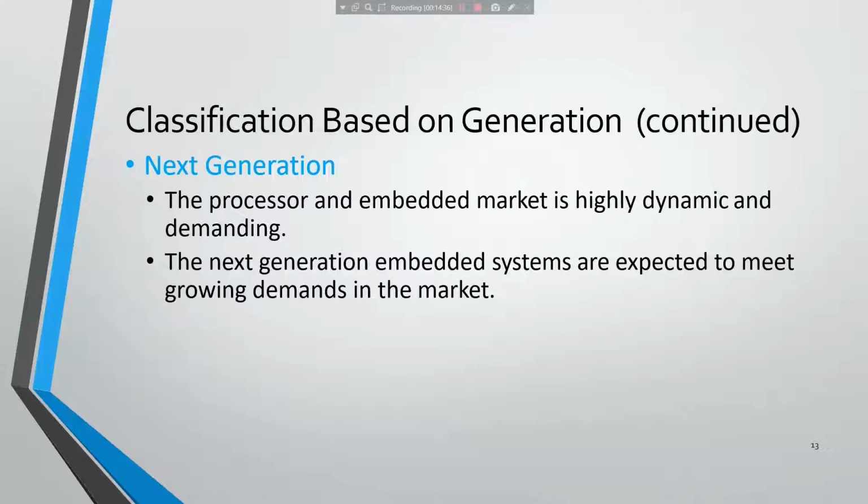Dynamic and demanding also depends upon how far the system can go from manufacturing to the users. So next generation embedded systems were expected to meet the growing demand of the market. Depending upon market utilization or requirement, manufacturers used to change the processor and the memory systems.